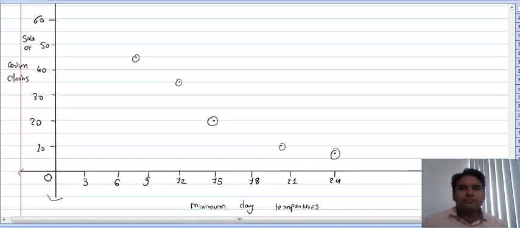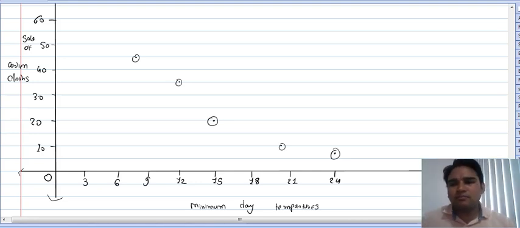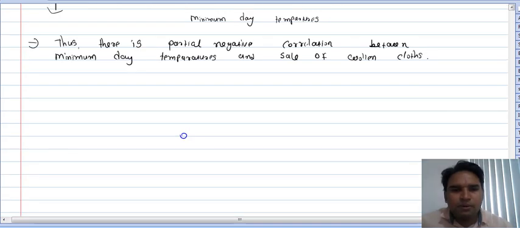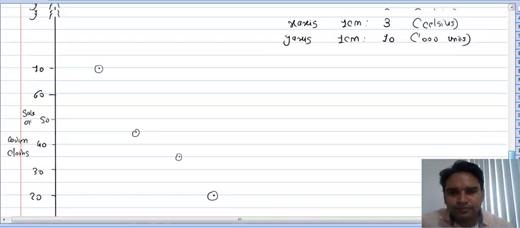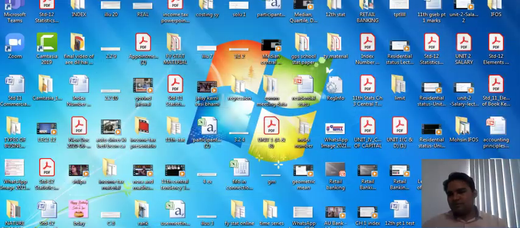So simple, you can see this is very simple. You have to just prepare the diagram, make an intersection point wherever there is an intersection, and interpret whether it's a partial, perfect or negative correlation. Simple, right? Okay, so let us take the next question.